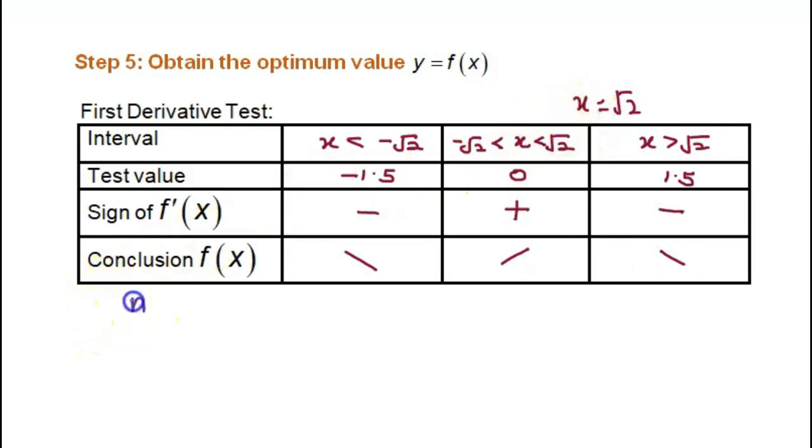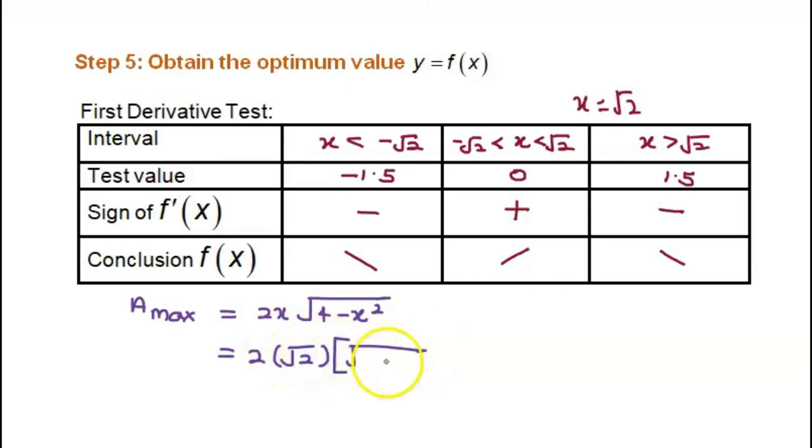For that, the maximum area can be calculated using the formula 2x times the square root of 4 minus x squared, in which we substitute x to be square root of 2. So 2 times square root of 2 times the square root of 4 minus square root of 2 squared will give us 4 unit squared. Therefore, the maximum area of the rectangle is 4 unit squared for this question.